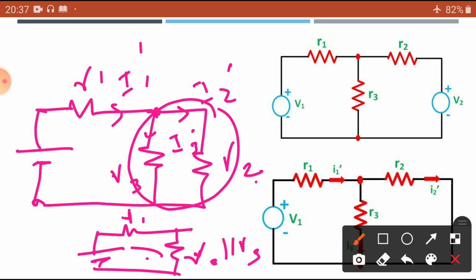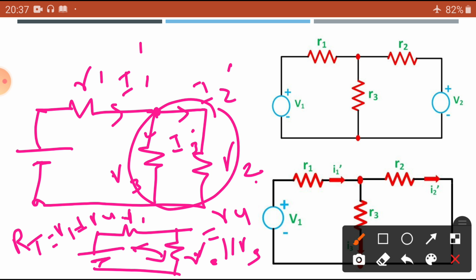Now, both are in series. Then we are going to get R1 plus this combination, which you can call R4. Then R1 plus R4 gives the total resistance in the circuit. So, RT is equal to R1 plus R4.